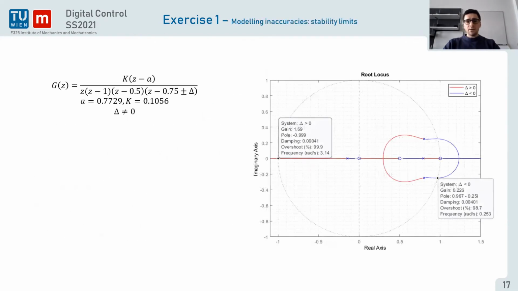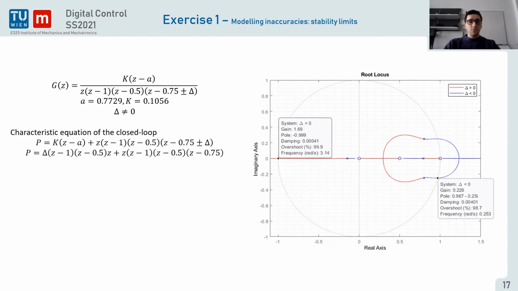To do that, exactly like in continuous time, so some of you already know how to do it, we just take the open loop system J of z, so controller times the plant. Then we find the characteristic equation. So here's the characteristic equation. The closed loop is equal to J, sorry.